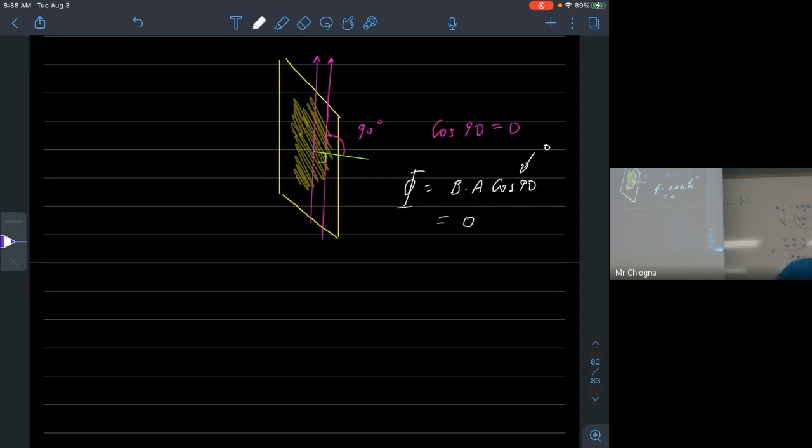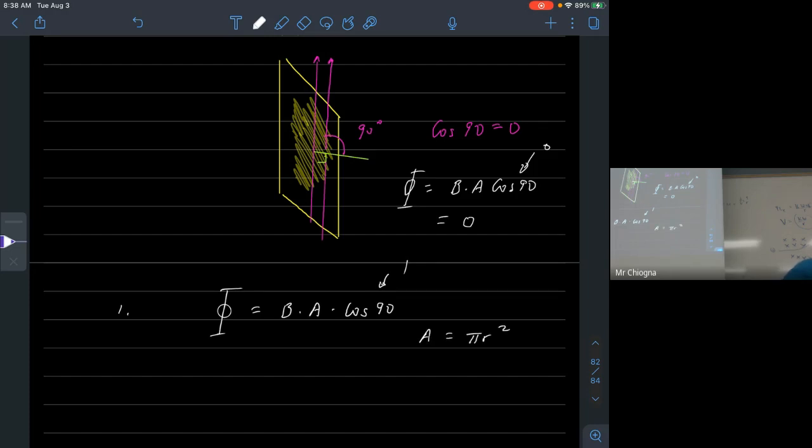Okay, let's get back to number 1. So we need to calculate, it's a circular loop. We need to find, obviously, again, with the flux, we need to find the area. Area is pi r squared.